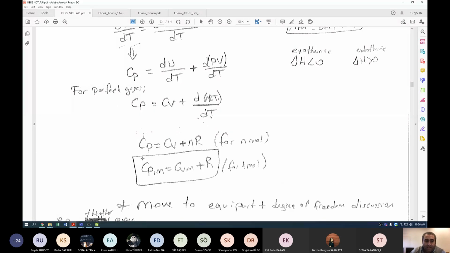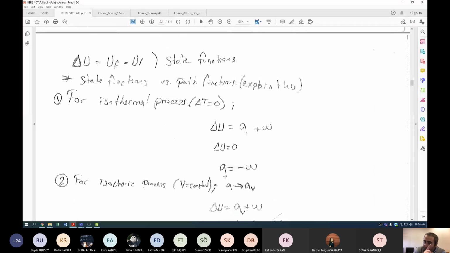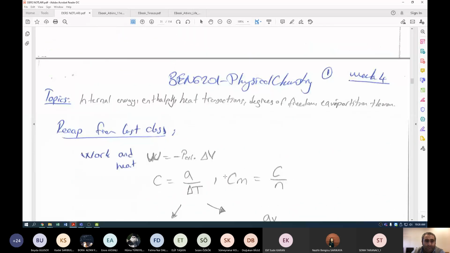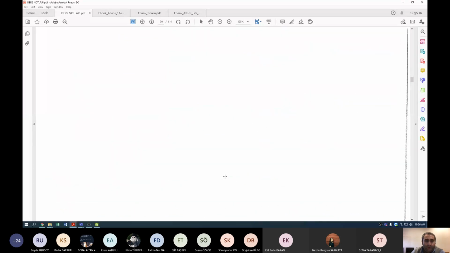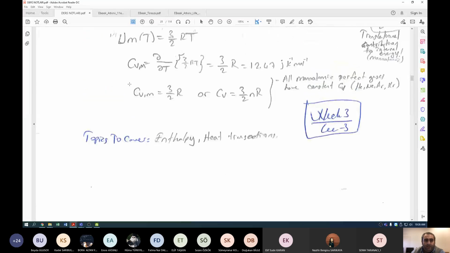Okay, so Cp is equal to Cv plus R, we said. We also described above that for a monoatomic gas, Cv was given by 3/2 R, right?